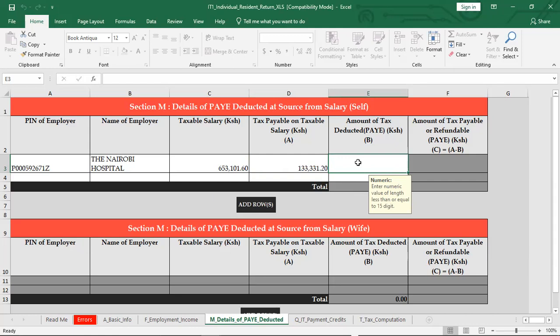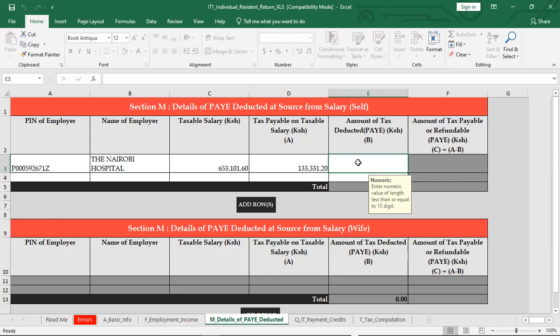So for example, in our P9, if you see hapo J, we have K. And huko mwisho, we have what we call L. So to get L, it is J minus K. So J is the tax charged. Then K is the personal relief. So you can see the difference.